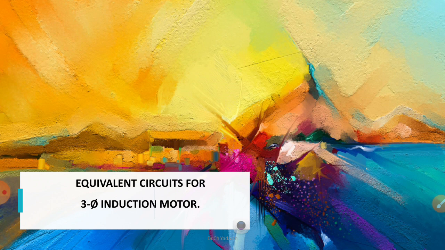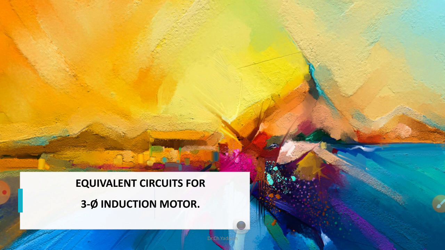What are the differences? A transformer is a static machine which can transfer energy from one circuit to another circuit at the same frequency, without changing frequency, but we can change the voltage and current correspondingly.